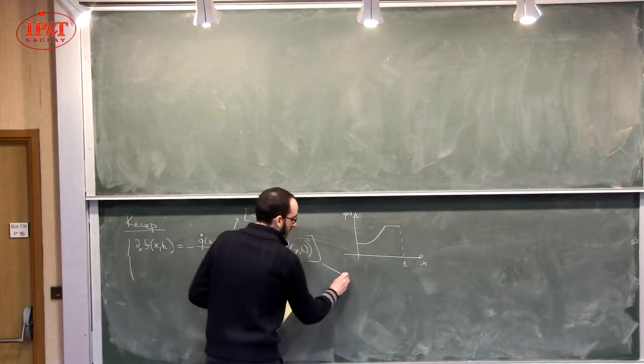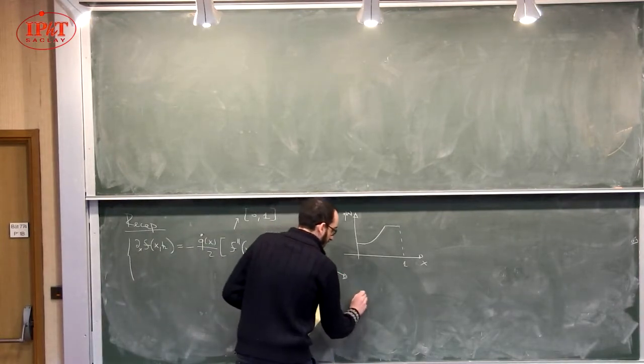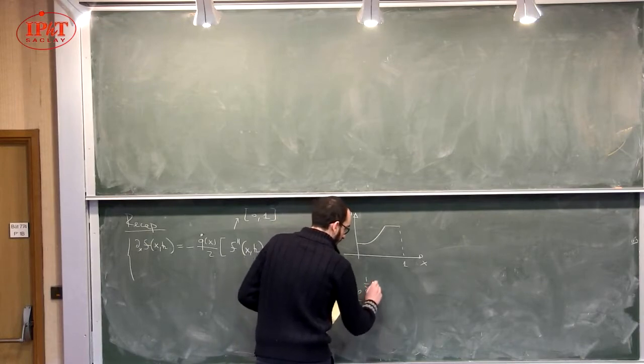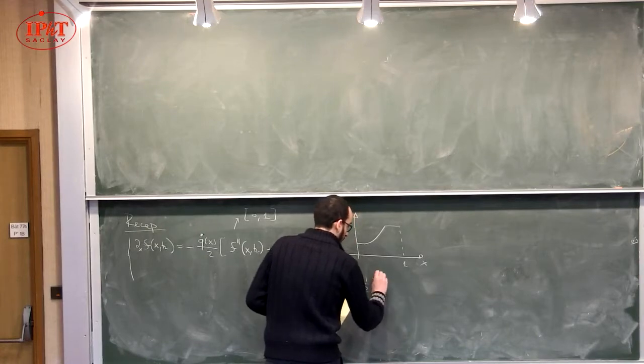It comes from the part of the free energy that is given by e to the 1/2 sum over a, b from 1 to n.